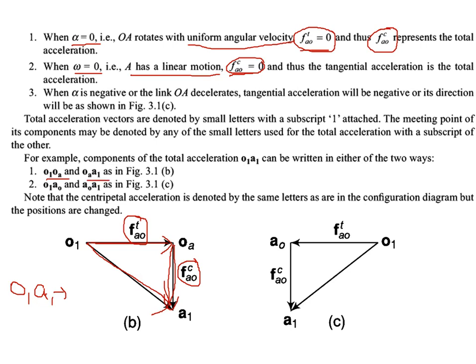You can see this in the figure. Similarly, if the direction is like this, O1 to A1, again the tangential component, and then A0 to A1. Again the resultant can be taken from O1 to A1. So this is the centripetal and this is the resultant.